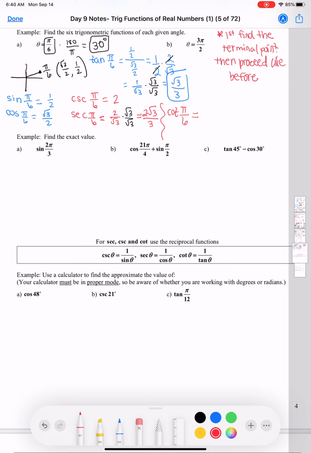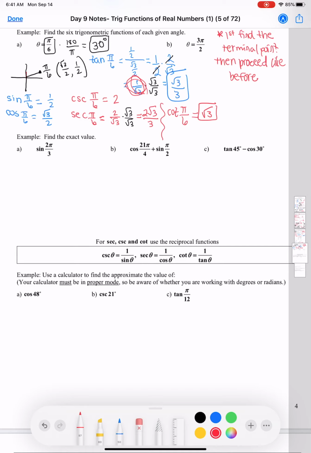So before I got rid of the square root, I had 1 over root 3. So that's what I'm going to use. I'm going to flip that around, root 3 over 1. So just root 3. And notice I didn't have to simplify since I used my tangent value before rationalizing.